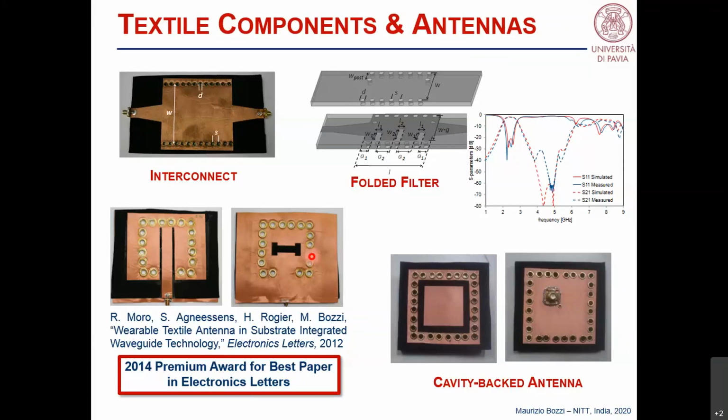If you do that with a SIW cavity around, so-called cavity-backed SIW antenna, you somehow shield completely the antenna from the environment. So the presence of the body does not affect anymore the antenna. And this represents a very good solution for wearable antennas. So this received also an award in Electronics Letters a few years ago.